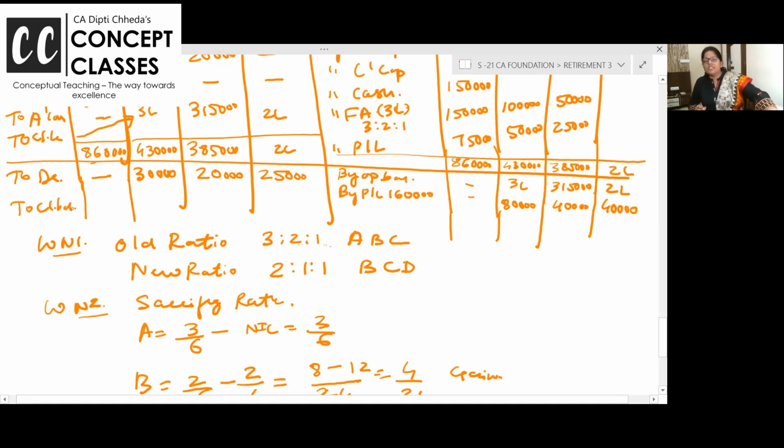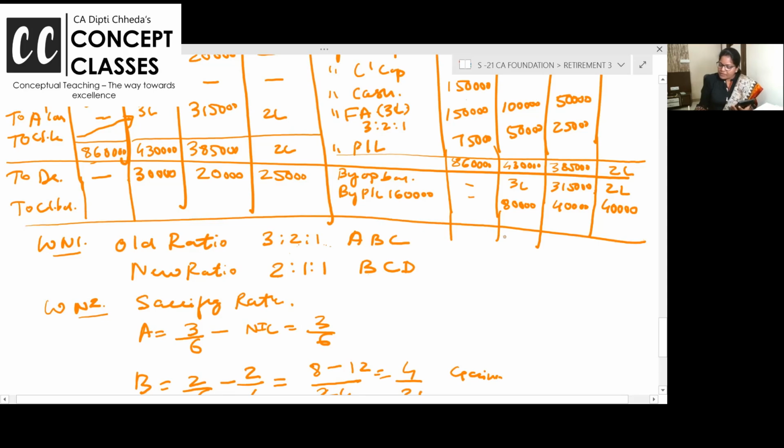Check, dear students, in the problem they didn't say that adjust the closing balance in their PSR. So don't do. Just carry it forward as it is. 3,80,000. 3,80,000. So this is 3,50,000. 3,55,000 for C. 3,55,000.